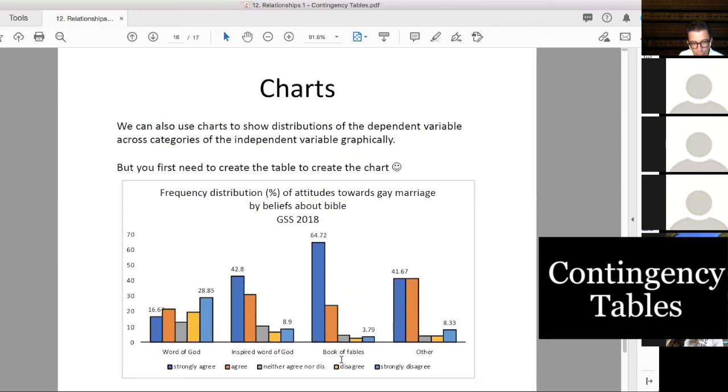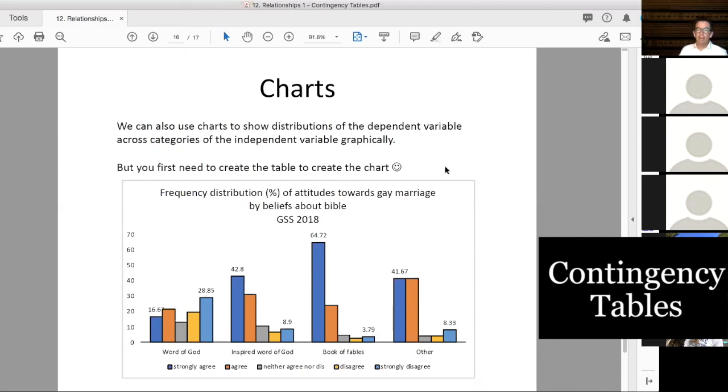Out of those who responded that the Bible is a book of fables, 65% strongly agree with gay marriage. Now, if you look at those that believe that the Bible is the actual Word of God, only 16% say they strongly agree. And 28% say they strongly disagree. You compare the 28 to the 3, it's a big difference.